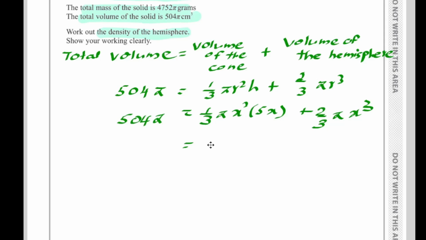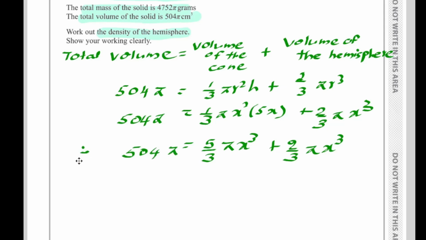Now here I am getting 5/3 pi x cube plus 2/3 pi x cubed equals 504 pi.